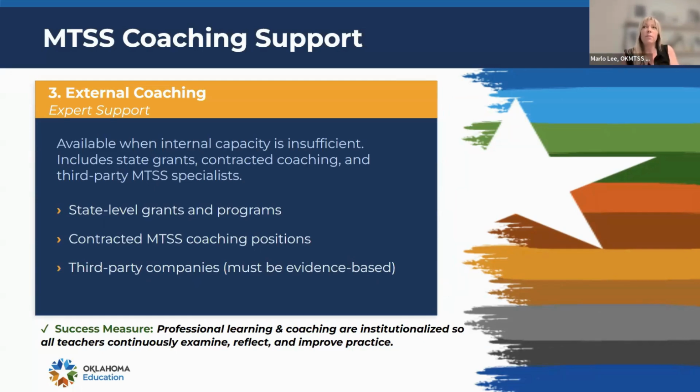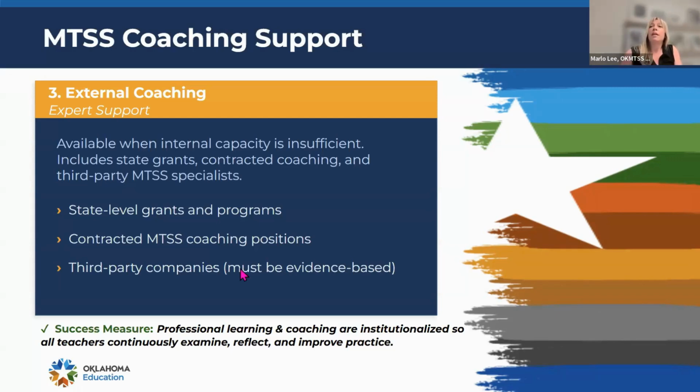If you don't have someone on your team, this includes state grants, like the OCLSD grant, for instance. We do MTSS coaching. There are other third-party entities that have MTSS implementation components to them.